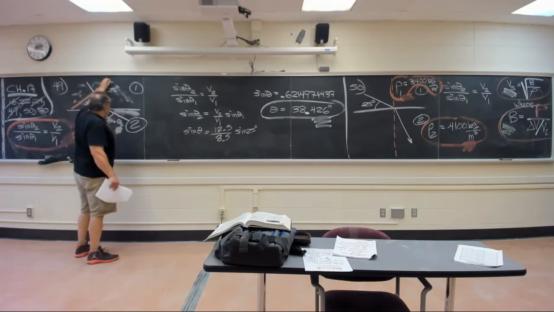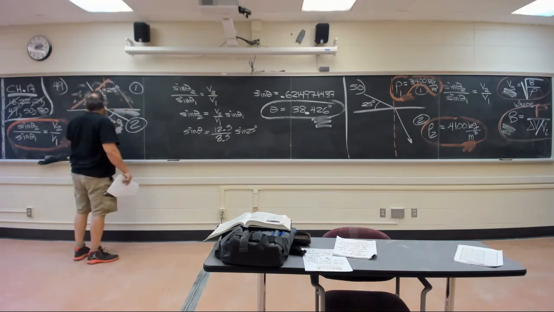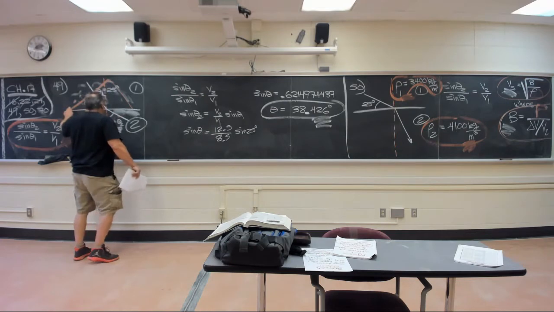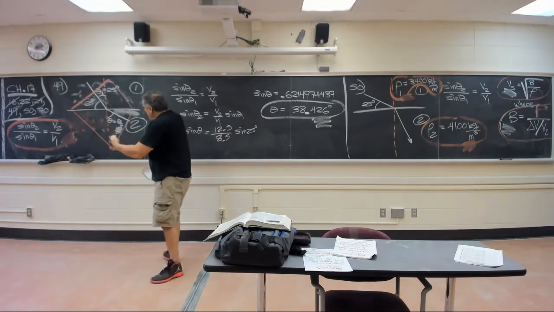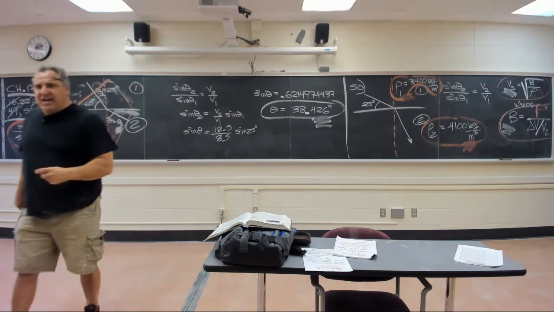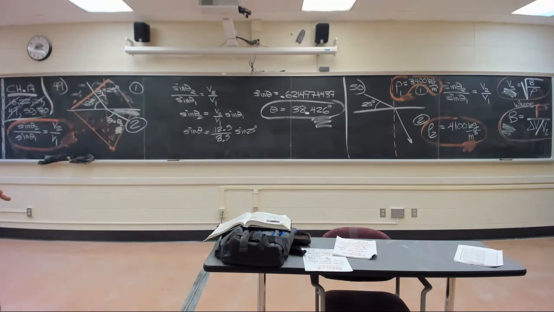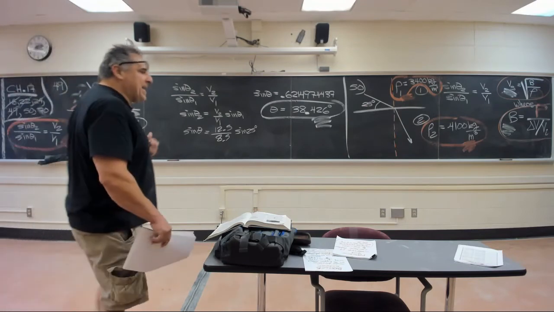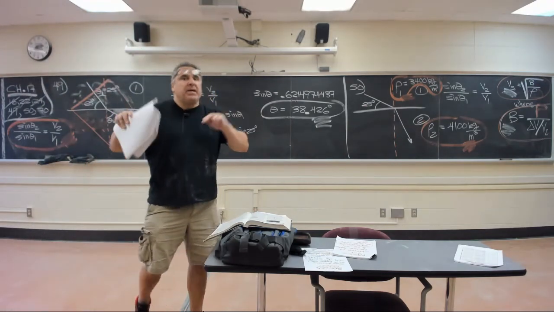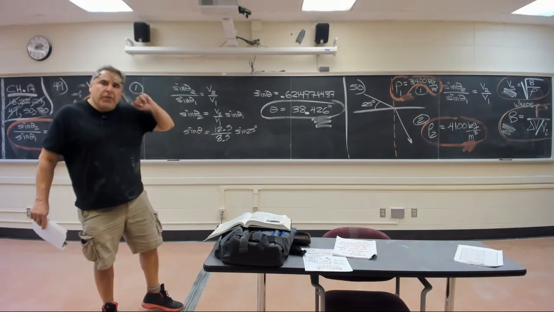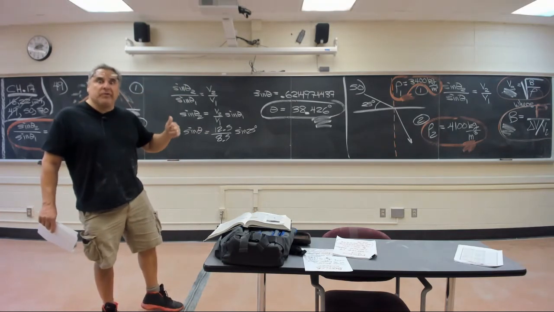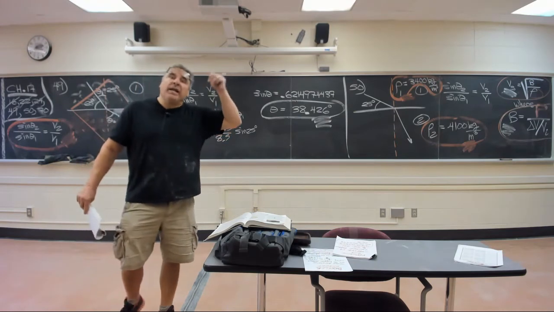By the time this guy gets to here, because it's faster in here, this guy will have gone further. He'd have gone like that. He'd have gone further. So it's faster, it bends away. When it's going into a faster medium, it's going to bend away from the vertical more so than it was away from the vertical initially.